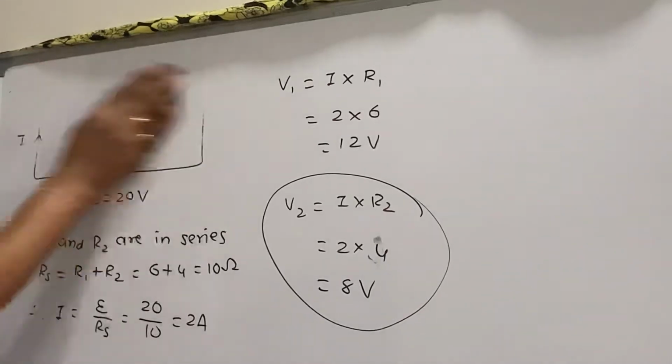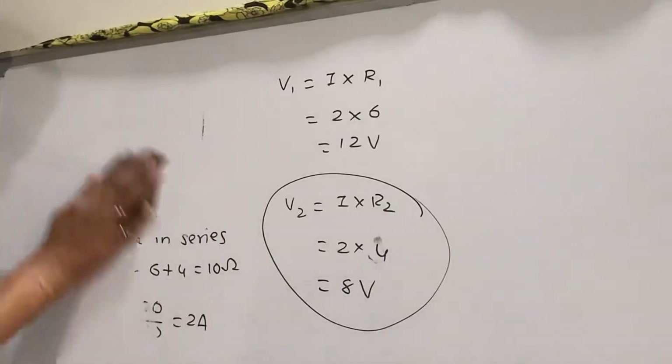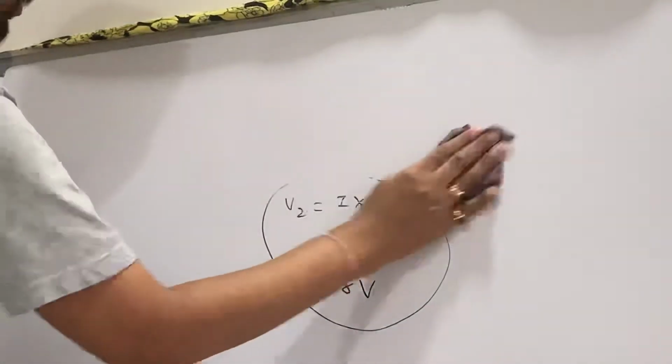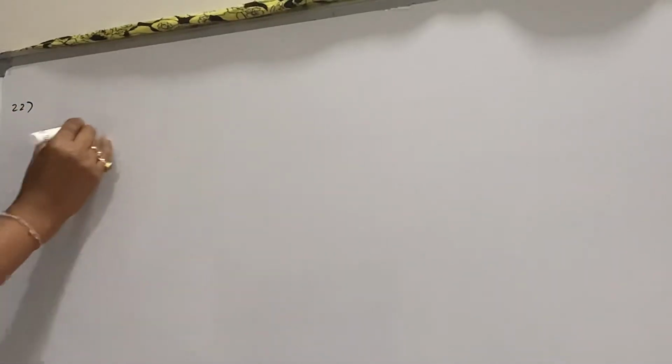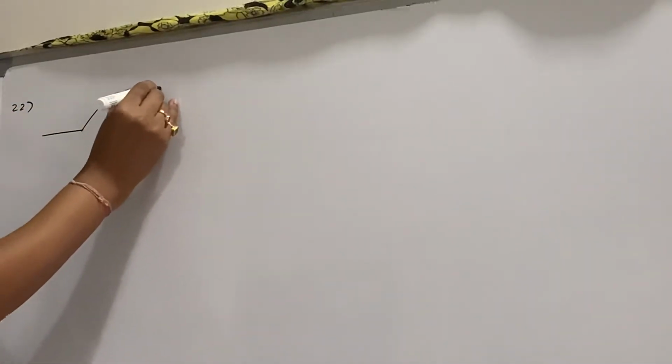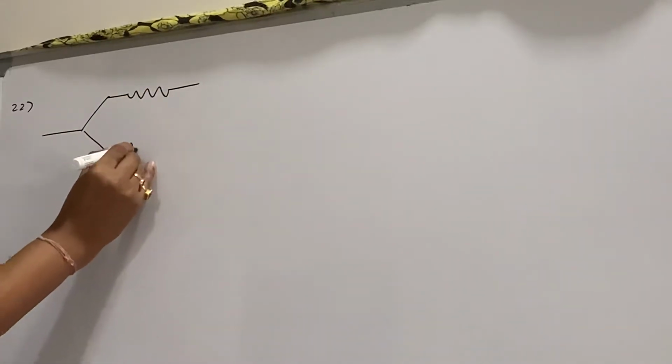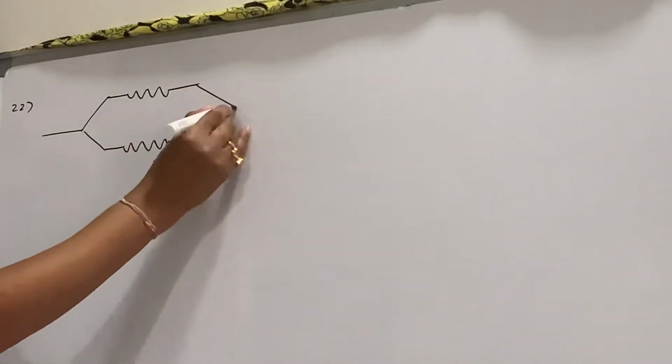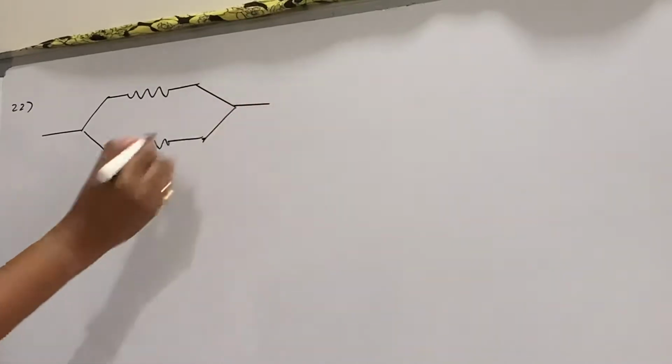Now we'll go to the next, that is 22. Question number 22 is very important. It's a different type. Check. You have two resistors of resistance 4 ohm and 6 ohm. Here this is R1, this is your R2, connected in parallel.